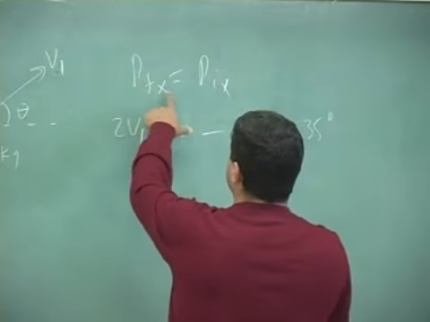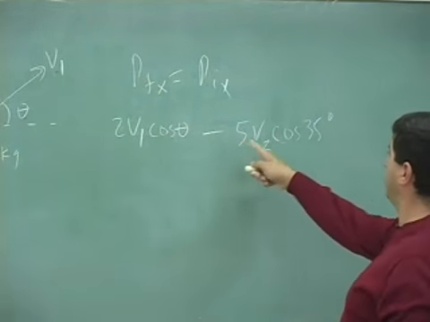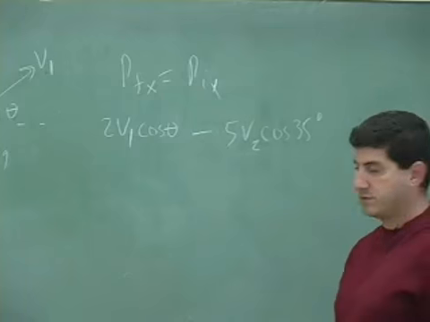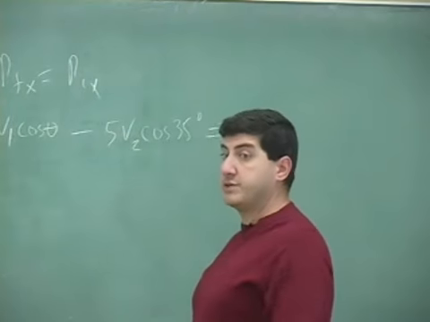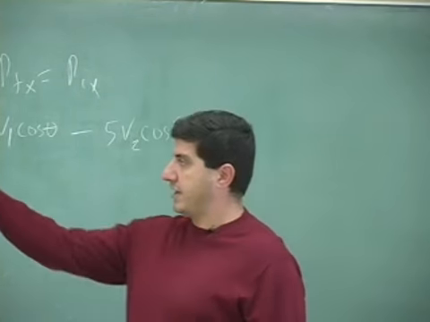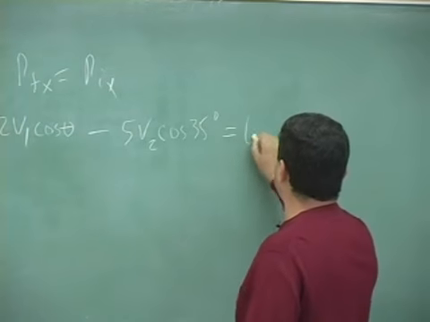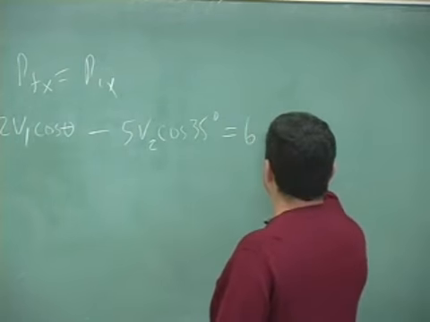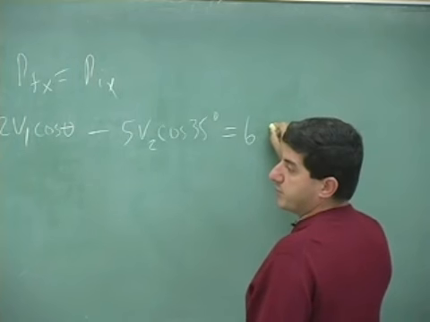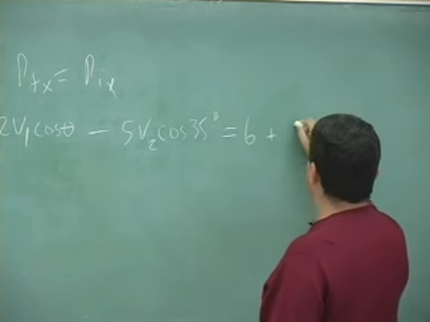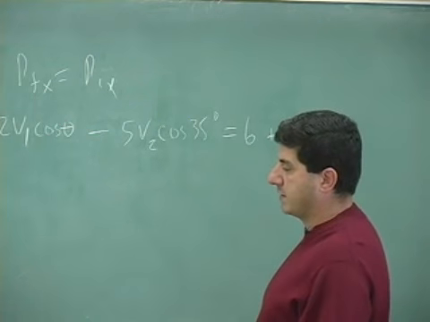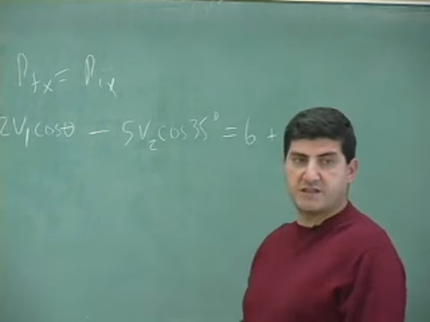So that's P final in the x direction. That's equal to P initial in the x direction, which we had earlier. That's 2 times 3, which is 6, plus 10 cosine of 132, right?